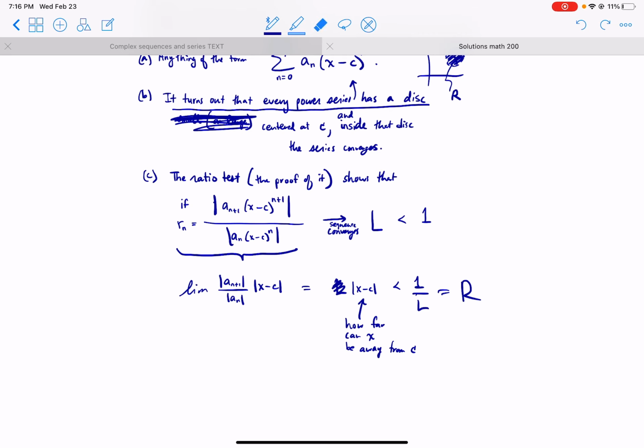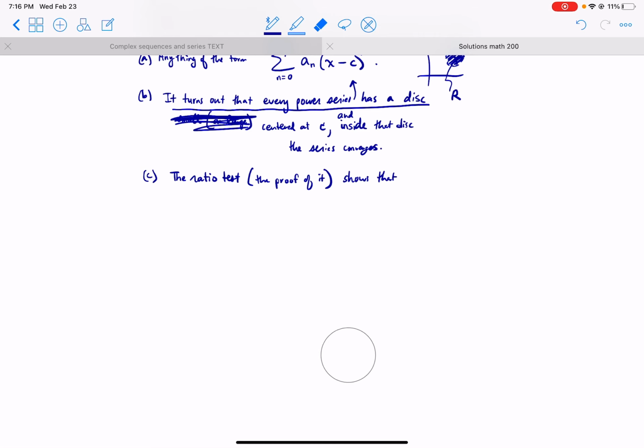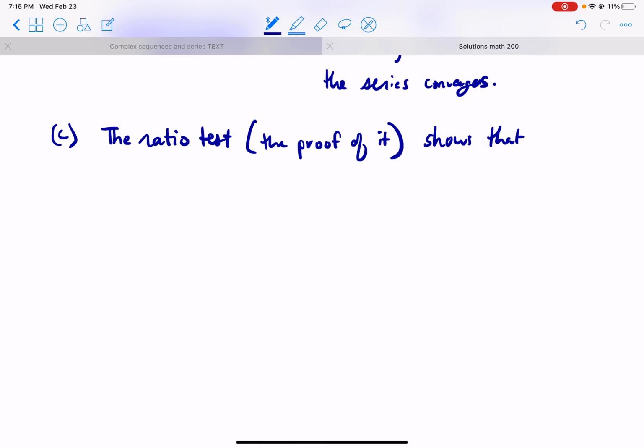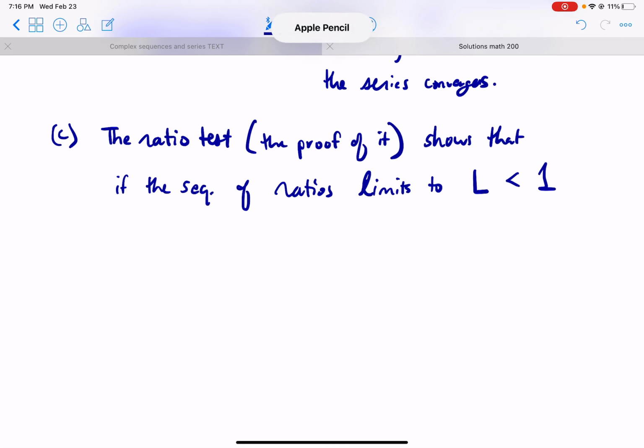Okay, so let me try to do this better. That was terrible. The proof of the ratio test shows that if the sequence of ratios limits to L less than 1, the series will converge.